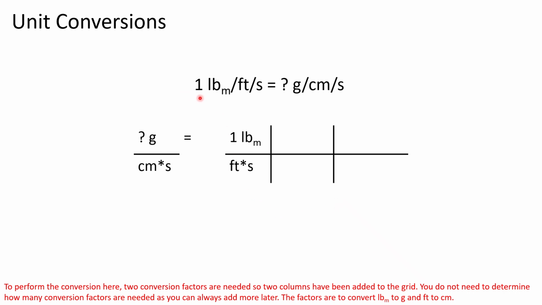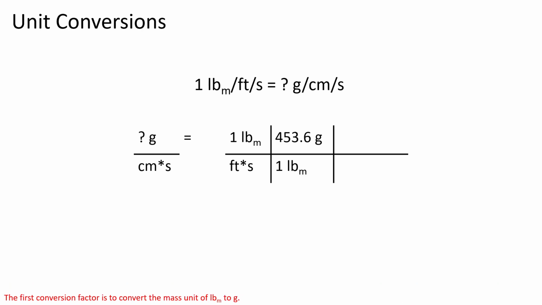To perform the conversion here, 2 conversion factors are needed, so 2 columns have been added to the grid. You do not need to determine how many conversion factors are needed, as you can always add more later. The factors are to convert pounds mass to grams and feet to centimeters. The first conversion factor is to convert the mass unit of pounds mass to grams.